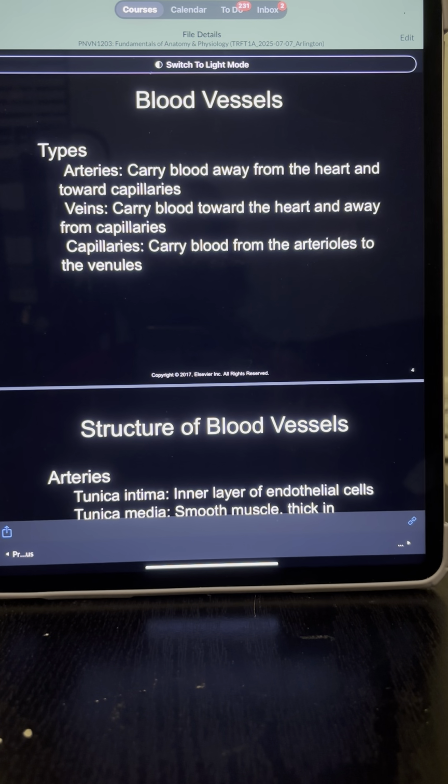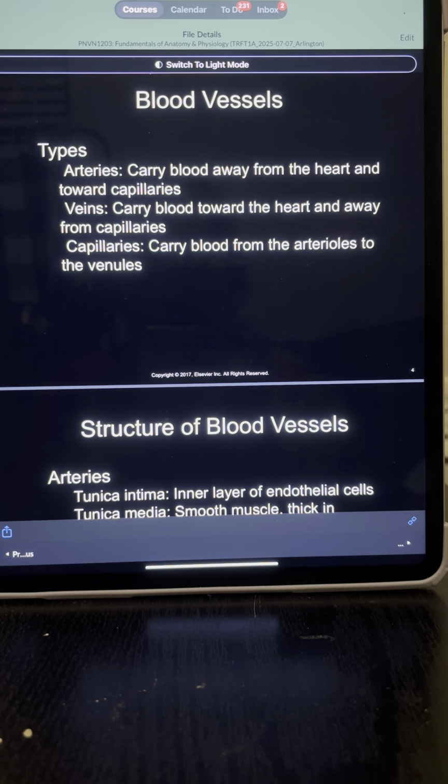Okay, so our major ones are arteries, veins, and capillaries. You have arteries, which carry blood away from the heart. The majority of arteries carry oxygenated blood, with the exception of the blood flow through the heart, which we talked about, right? The pulmonary artery carries deoxygenated blood from the right side of the heart to the lungs.